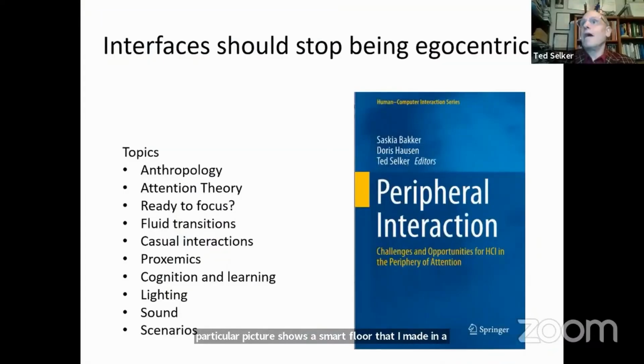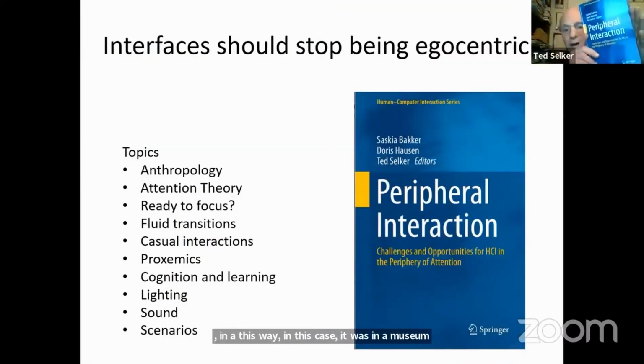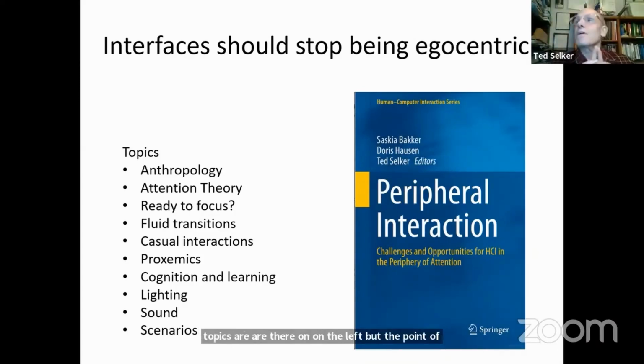There's a book that I edited with a couple of other friends, Peripheral Interaction, and it goes into some of this stuff, and the topics are there on the left. But the point of the whole idea is that interfaces have been very egocentric. Somehow they expect that we're going to understand all the error codes they put back at us, that we're going to pay attention to them.